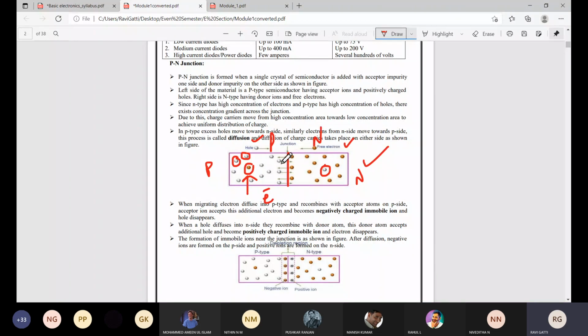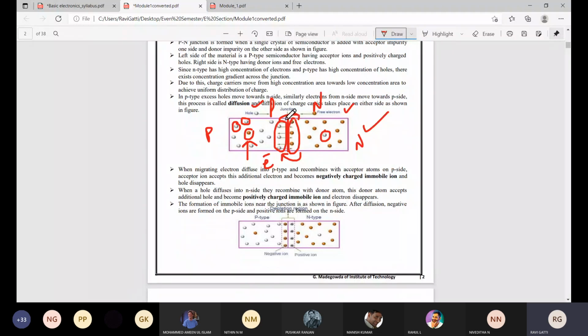Because the distance over this region is very small, the holes will try to attract over here, and similarly the electrons in this region will try to attract over here.